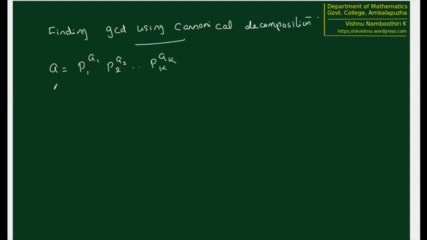Now suppose B has the canonical decomposition.